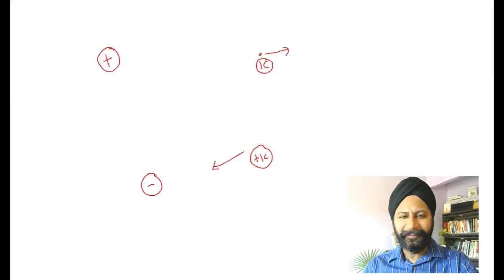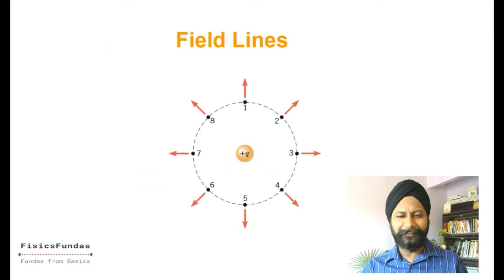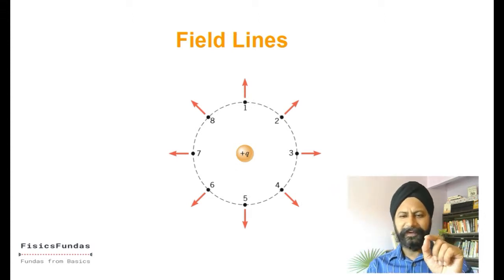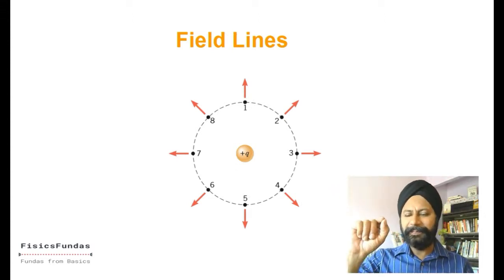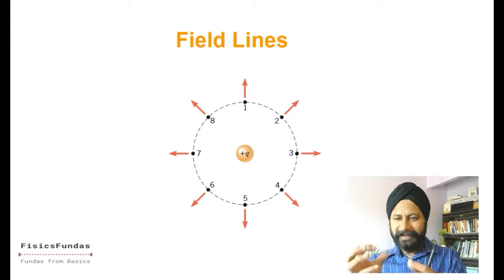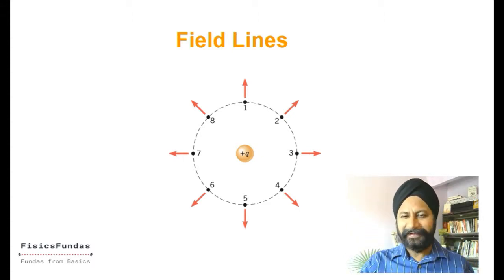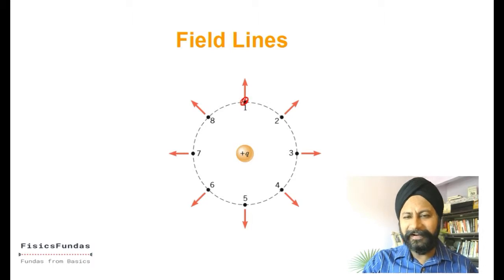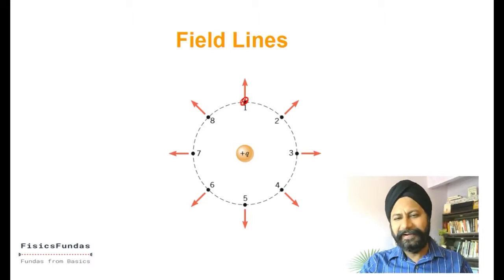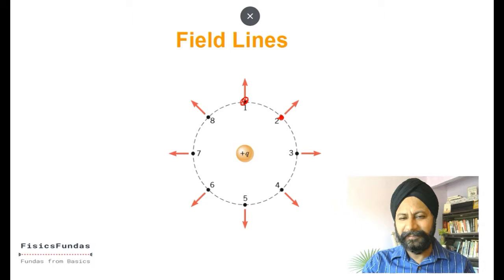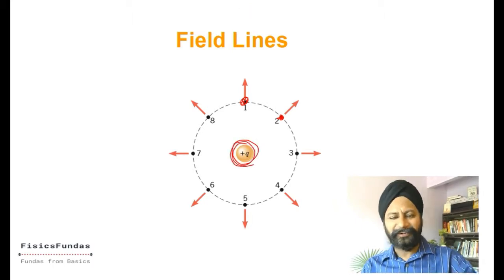After that simulation, let's see some pictures here. If you want to make field lines, what was the electric field? Electric field is a property in space, and it tells you how much will be the force experienced by 1 coulomb of charge at that point. So if I find the electric field at this point, the direction is this way. At this point, the direction is this way because there is a positive charge kept over here.